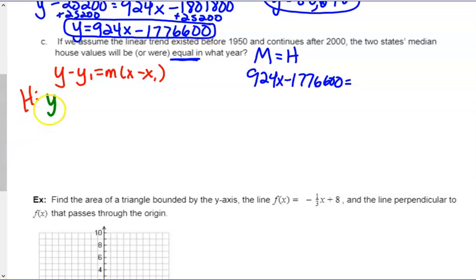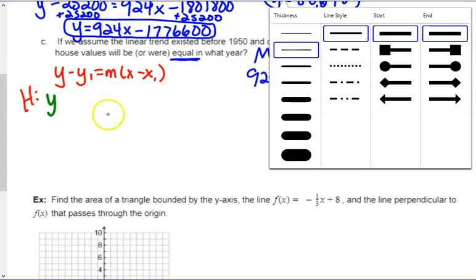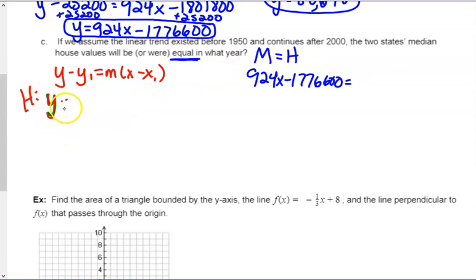So the y1 was that, let's go back to red. Okay, so we get y minus, the y value for Hawaii was that 74,400, equals our slope, which was 3966 times x minus 1950 for that year.